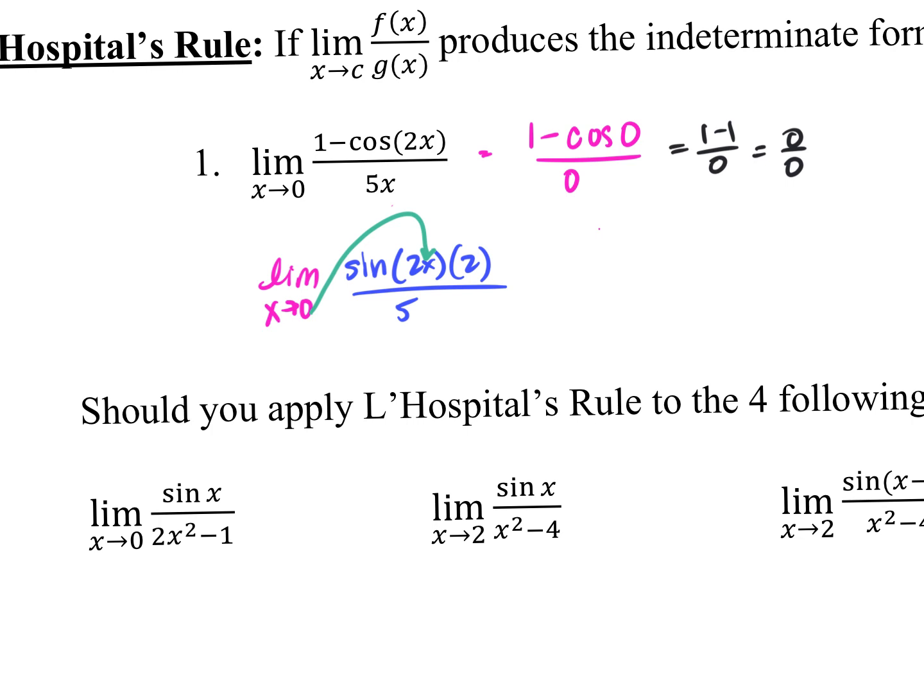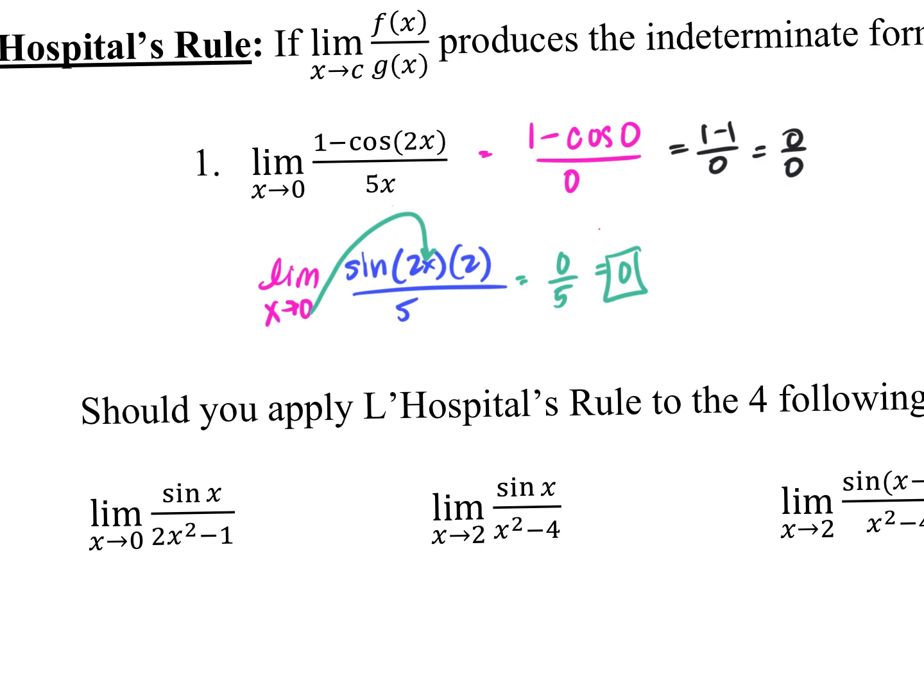What is the sine at 0? 0 times 2 over 5. What is anything? So this one is not indeterminate form because 0 divided by any number is 0. It's when we get a 0 divided by 0 that we'd have to keep going.